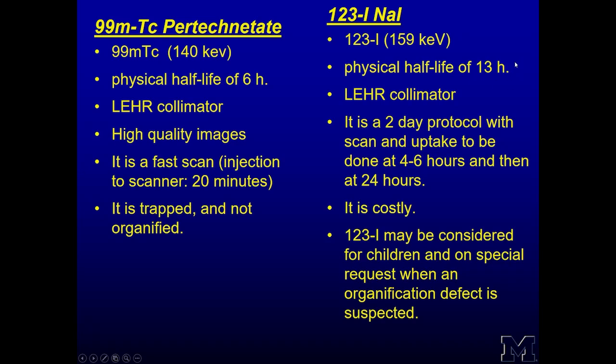We still use a low-energy, high-resolution collimator and use pinhole collimation for magnification of the imaging. However, the iodine 123 scintigraphy is a 2-day scan protocol with both scan and thyroid uptake obtained early at 4 to 6 hours and then delayed at 24 hours.